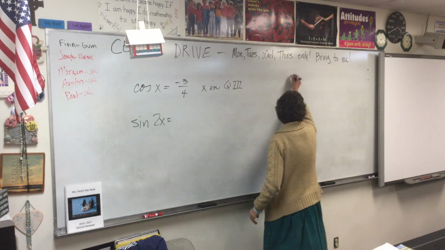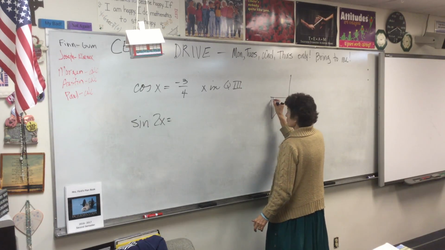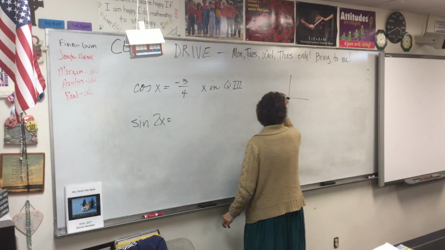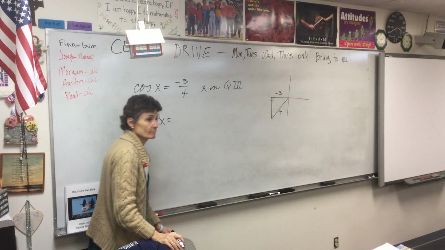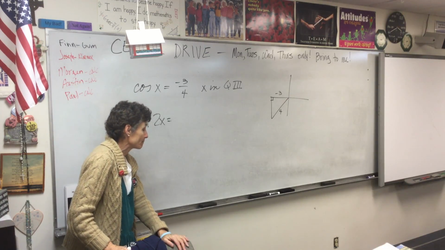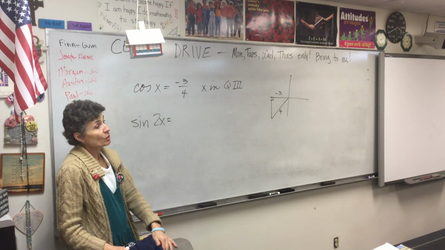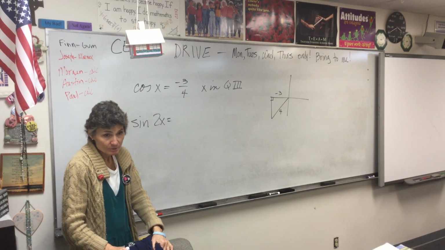So I'm going to draw a picture of the angle in quadrant 3 whose cosine is negative 3/4. Now, does that look okay to everybody? Any questions about that? Please don't make the other side 5. It's not the hypotenuse.